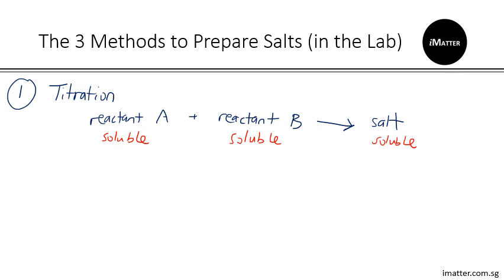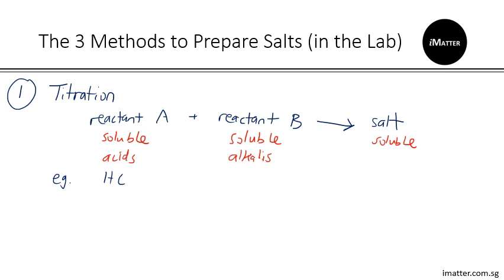And keep in mind, besides certain salts that are soluble, obviously, all acids are soluble in water, and all alkalis are soluble in water. But it doesn't mean that I have to restrict myself to acids and alkalis in this particular method of titration. So, one example.